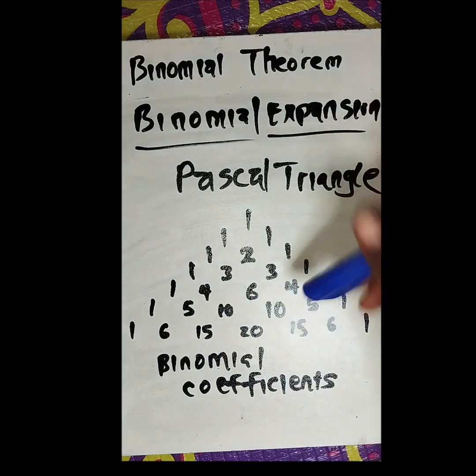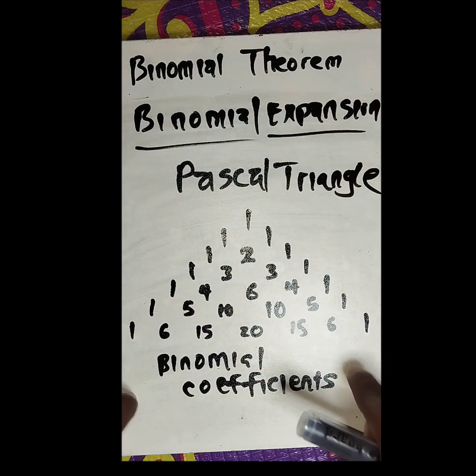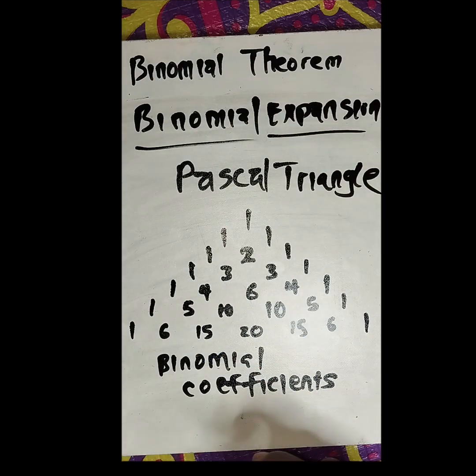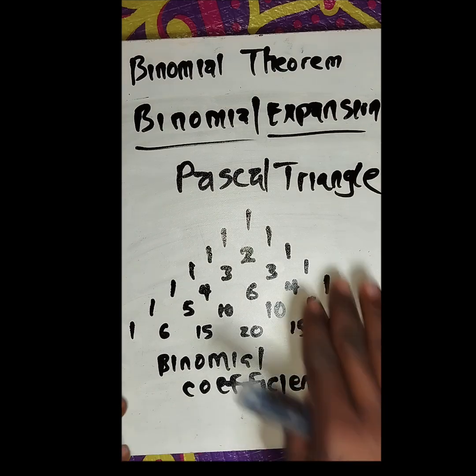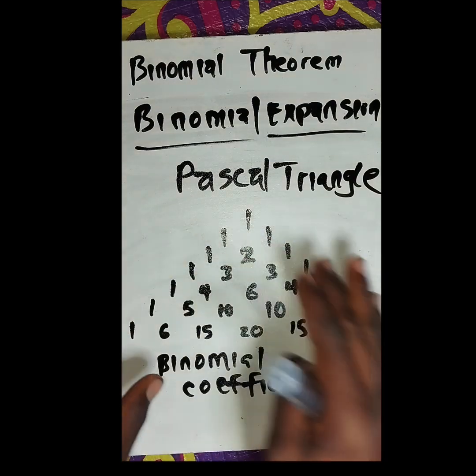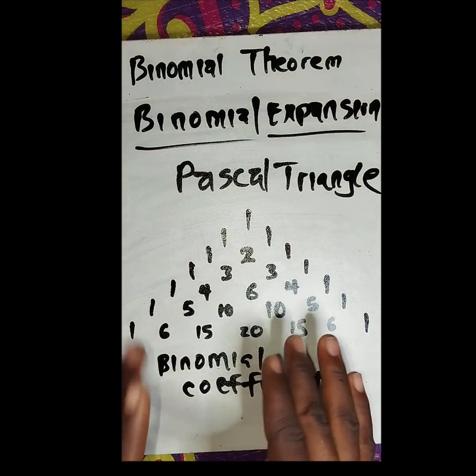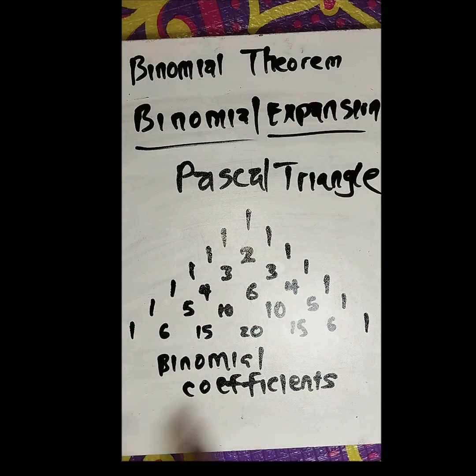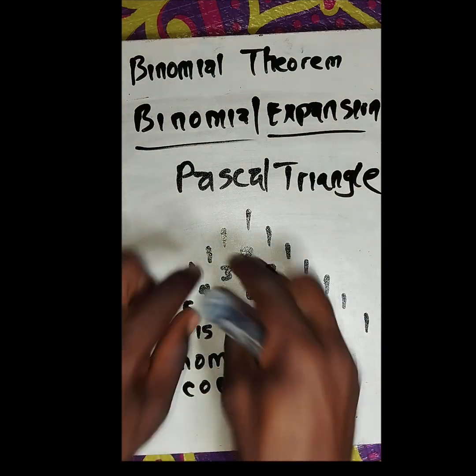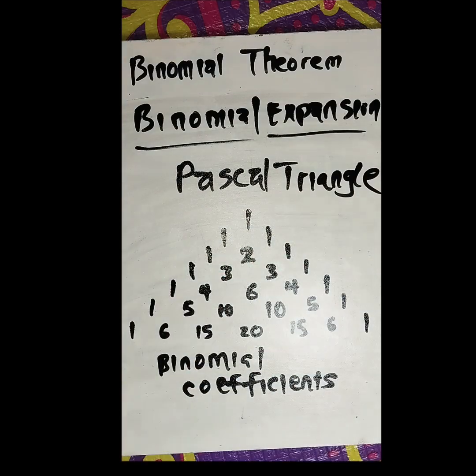Whenever you use the binomial expansion method, you always make use of your binomial coefficients. Don't worry, when I give you a sample, I will show you how to pick out your binomial coefficients from your Pascal's triangle. Okay, let's go.